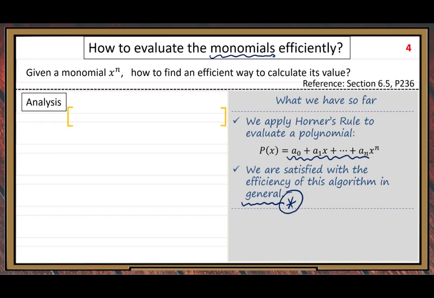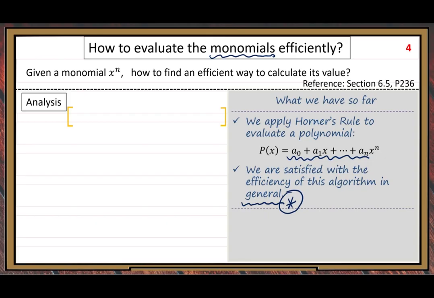In this general result, no special property is assumed. That means we cannot take advantage of any special property of the polynomial.